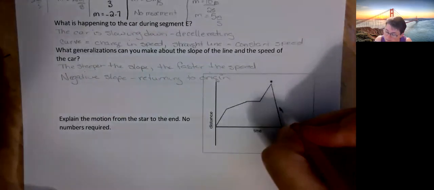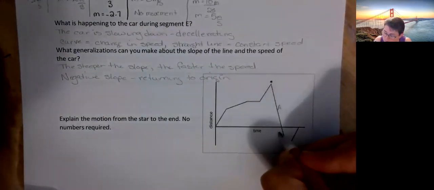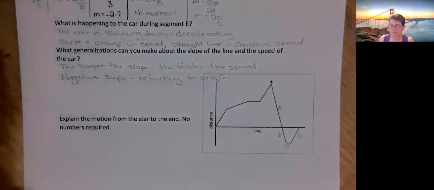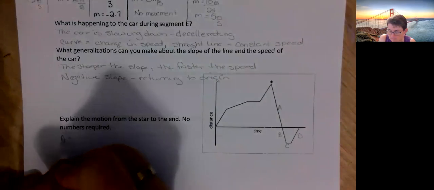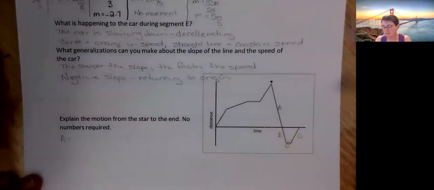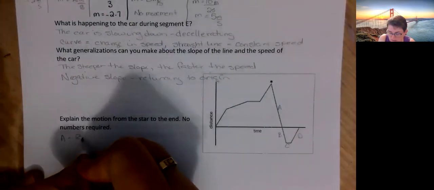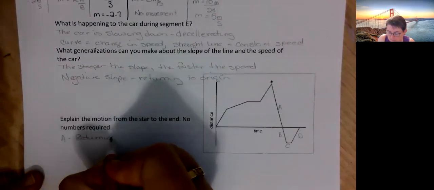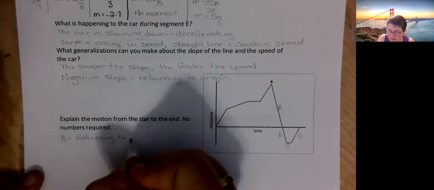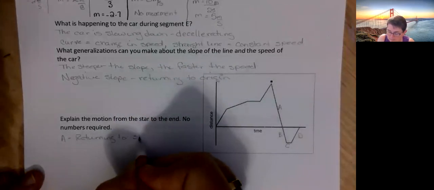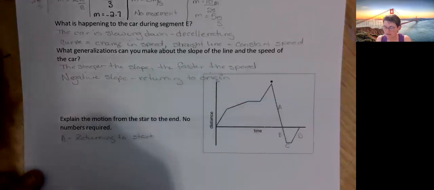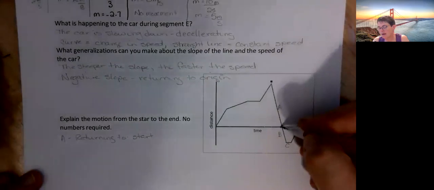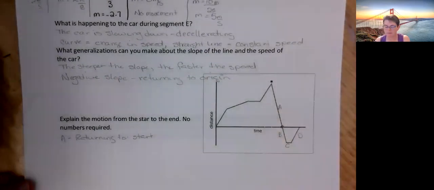Okay, so I'm going to call this part A and part B and part C and part D. Okay, so A, that's got a negative slope. So returning to origin. Instead of origin, I'm just going to say start. Okay, but then they go all the way to the start, and then they actually go further.